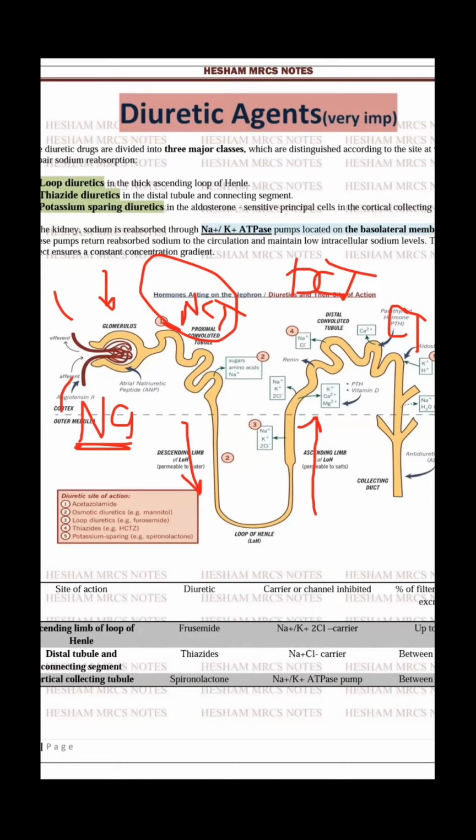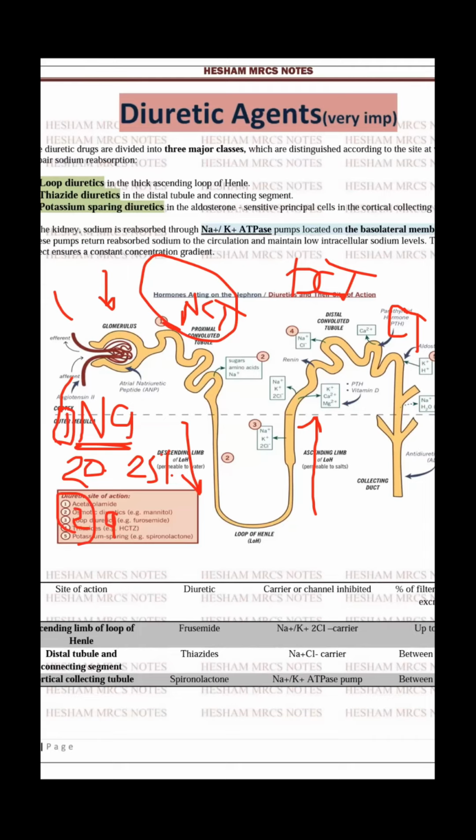This is the first one. Second, some substances are reabsorbed with sodium. They are glucose, amino acid, acetoacetate, then phosphate.